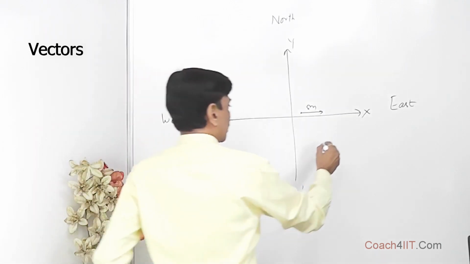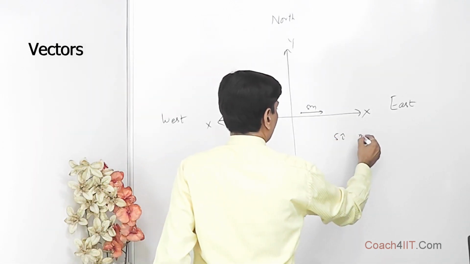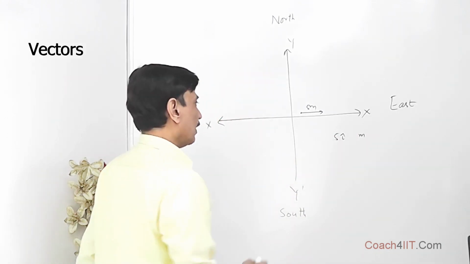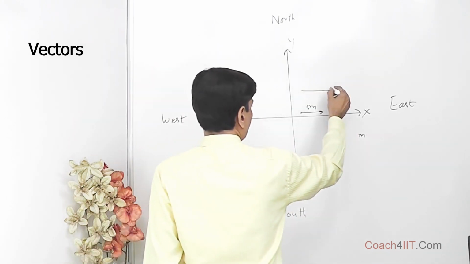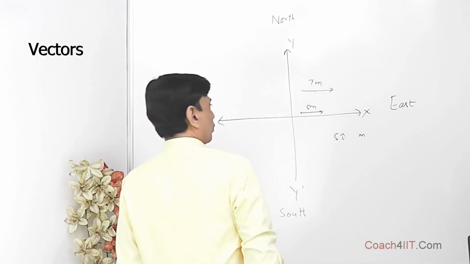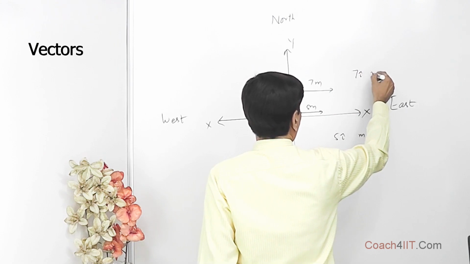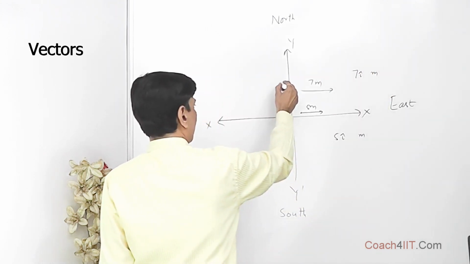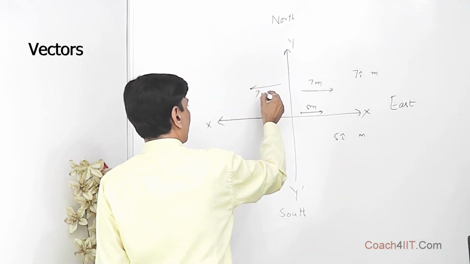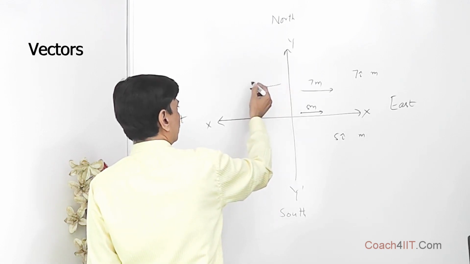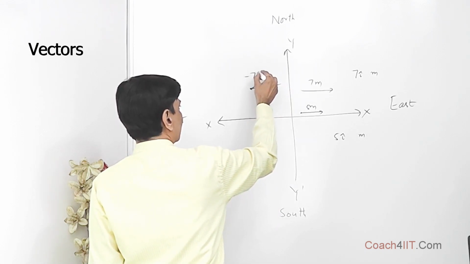So we'll say the person has gone 5 meter towards east, whereas using vectors, we'll say the displacement of this person is 5 i cap meter. If the person has gone this way 7 meter, we'll say the displacement is 7 i cap meter. If the person has gone 7 meter the other way, we'll say the displacement is minus 7 i cap.